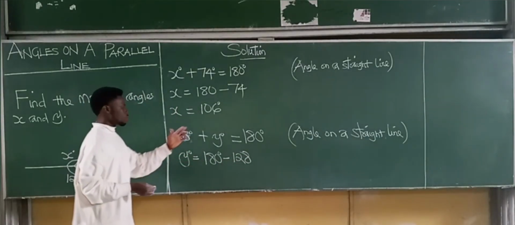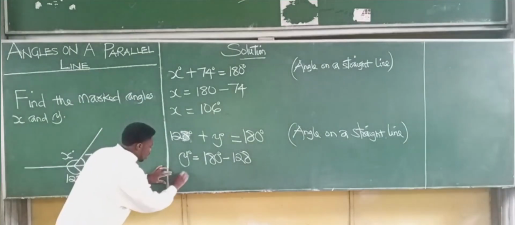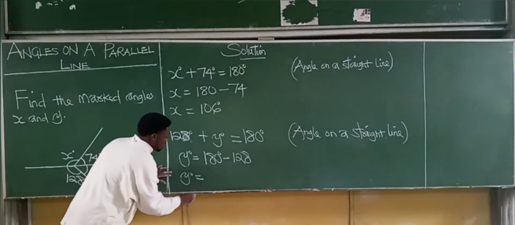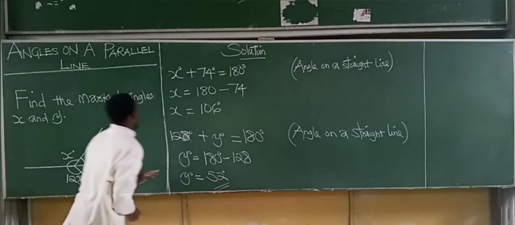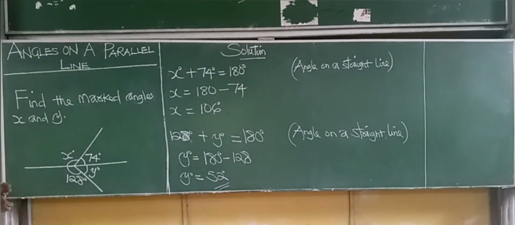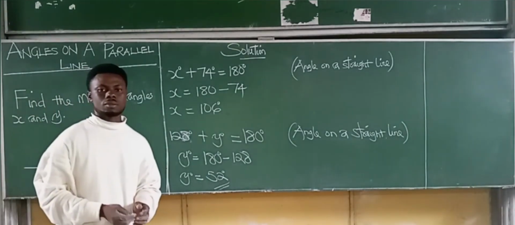When this number crosses over to the right hand side, the sign changes from positive to negative. And Y degrees is equal to 52 degrees. Therefore, the marked angles X and Y are 106 degrees and 52 degrees respectively.